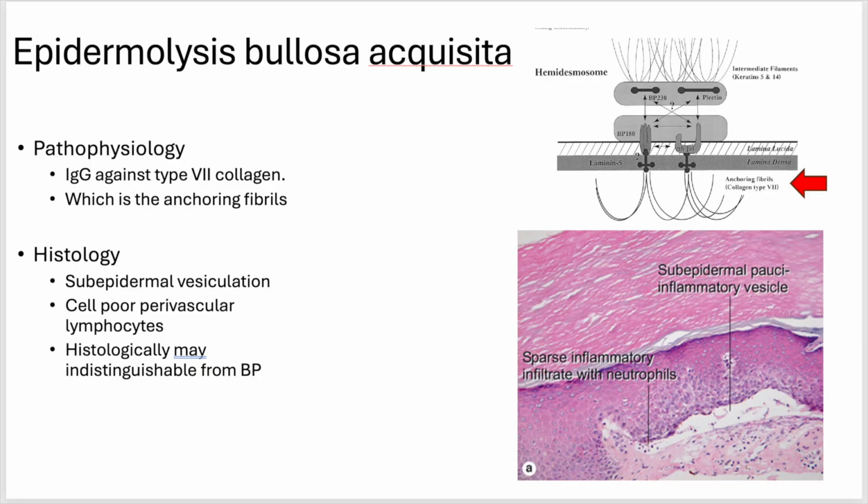On histology, we typically see a subepidermal split with very little inflammation, usually just a few perivascular lymphocytes, so it's sometimes hard to distinguish from bullous pemphigoid on H&E.